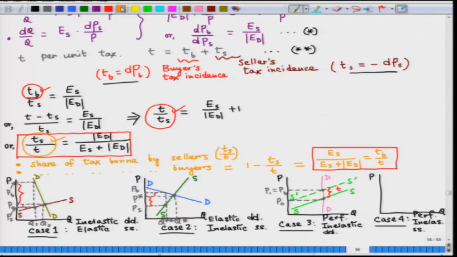So, when we have a perfectly inelastic supply function, that means we are dealing with a vertical supply function like this, denoted by S, the initial supply function. Now, as this is vertical, the analysis of tax imposition shall be done through the demand function.